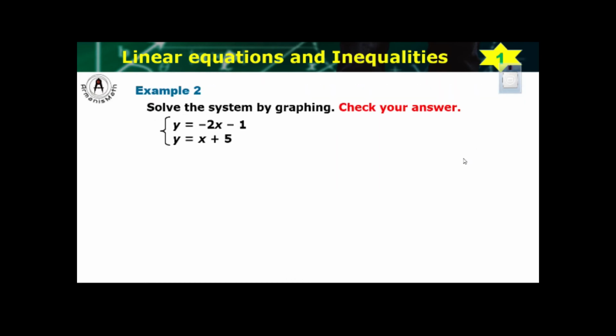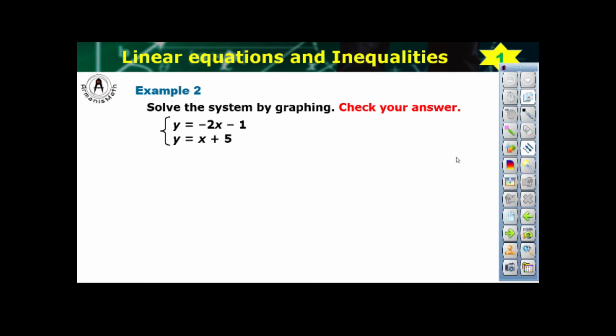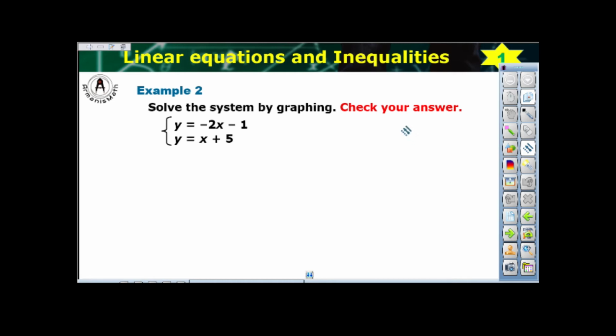Okay. The second one here says solve the system by graphing. And obviously I'm going to be a little bit faster because you know this by now. Actually, I do have a graph. I'm going to make it easy. Please copy these problems for me, because we're going to use them.